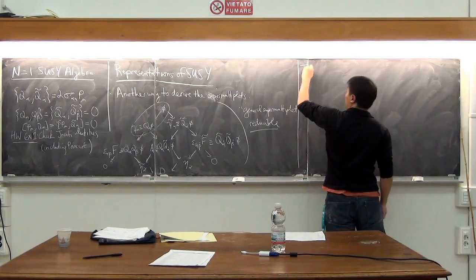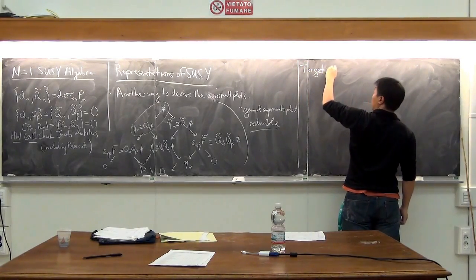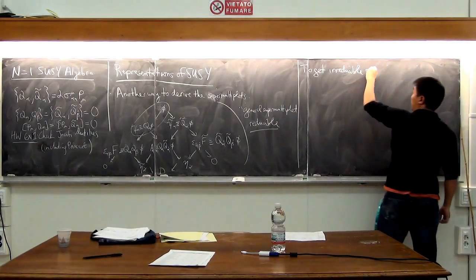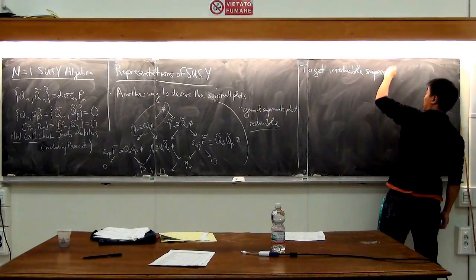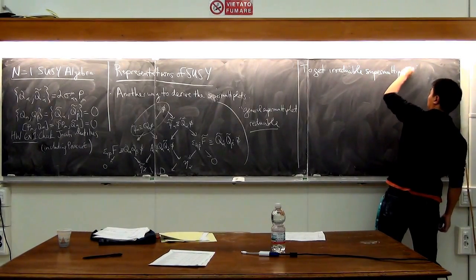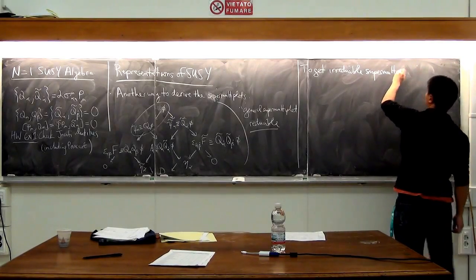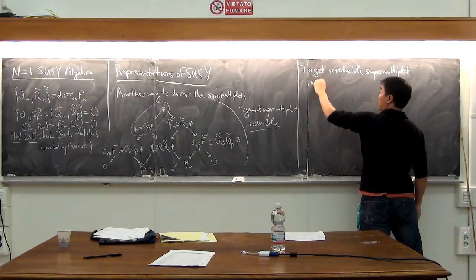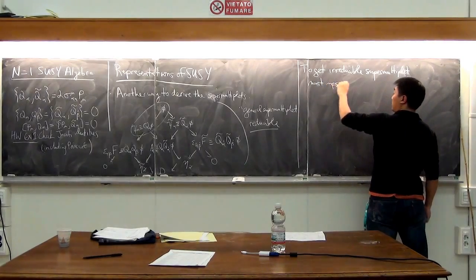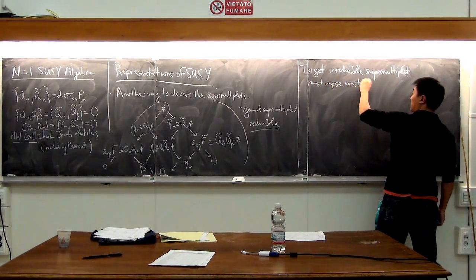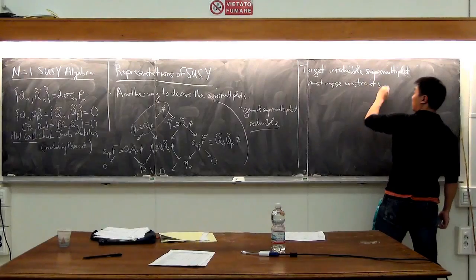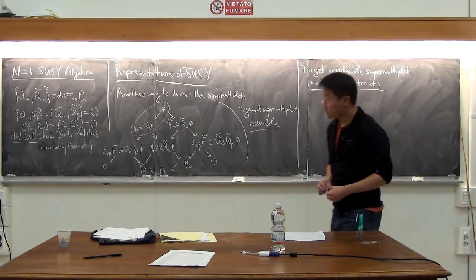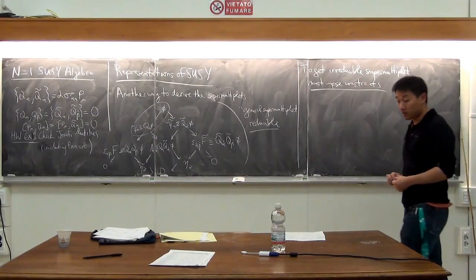Okay, so to get the irreducible supermultiplet, I must impose constraints. Okay, so what is one constraint I could impose?